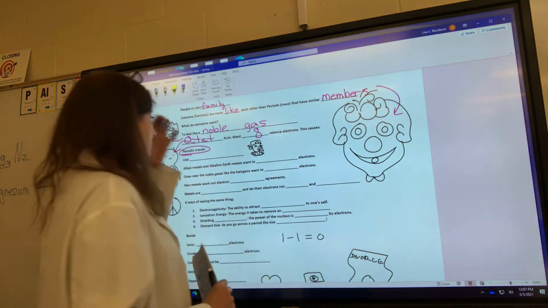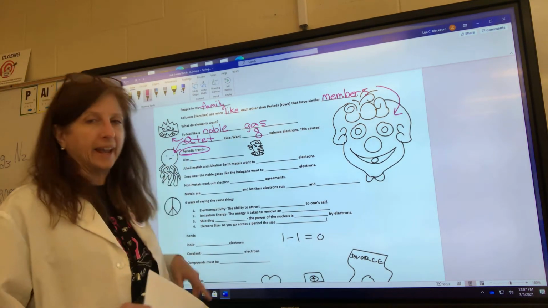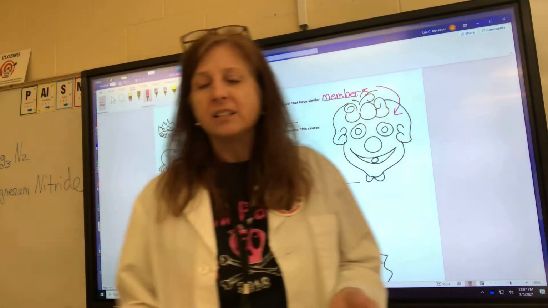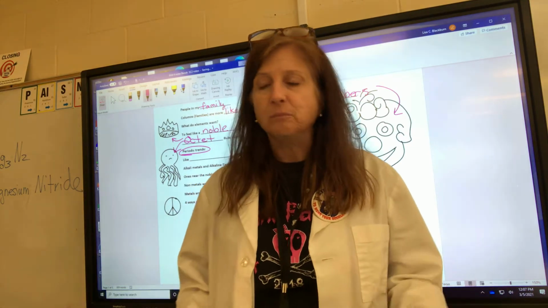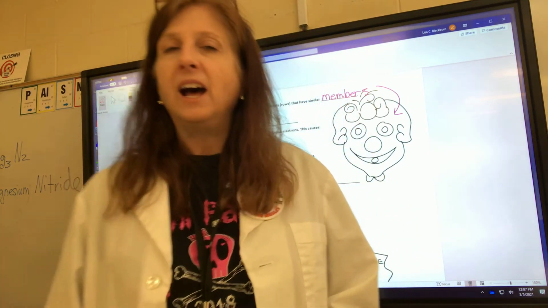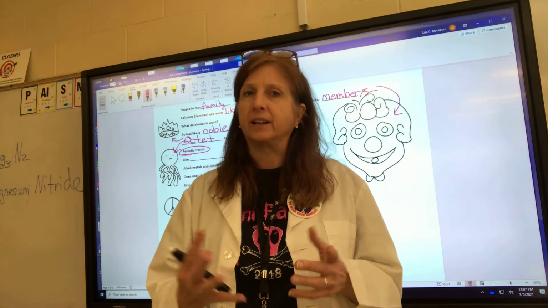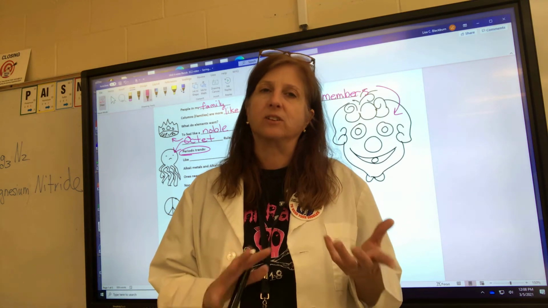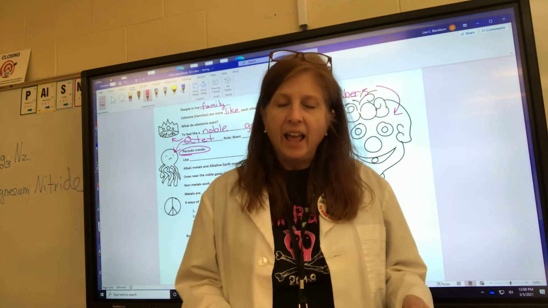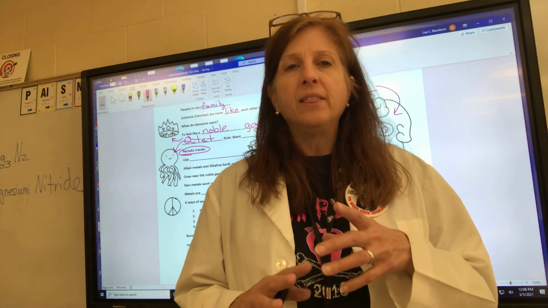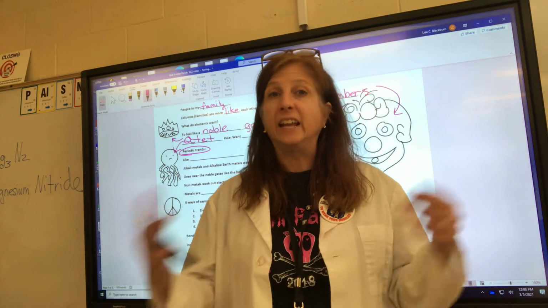Okay, so these periodic trends, they all want 8. Now I want to tell you a little story about 8. So the guy who figured this out, the scientist, he started noticing that the elements on the periodic table wanted to have 8 electrons in their valence shell. And he knew that there are patterns in nature.